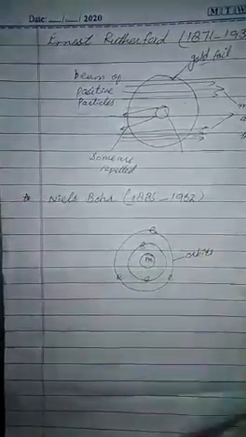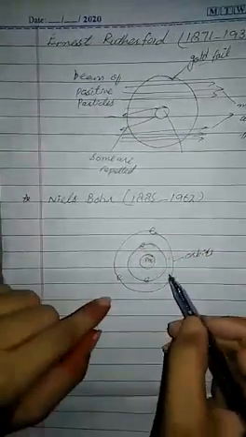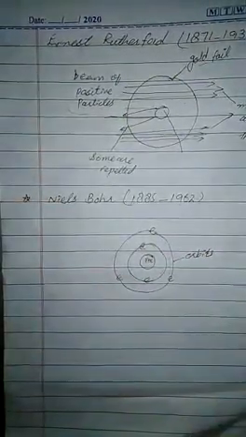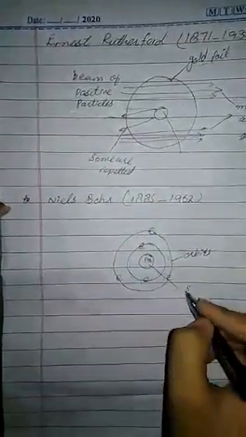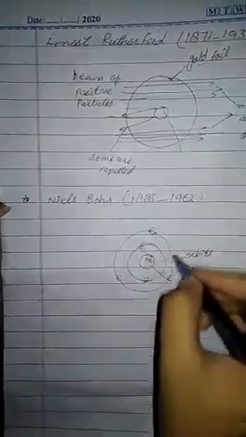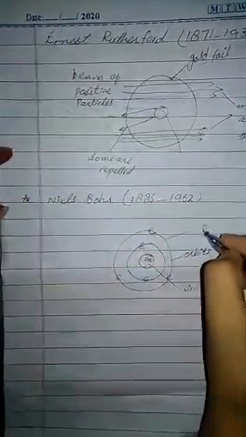These are orbits. Its example is like the solar system. In the solar system, sun is present in the center. This is like a sun, and around the sun some planets move.